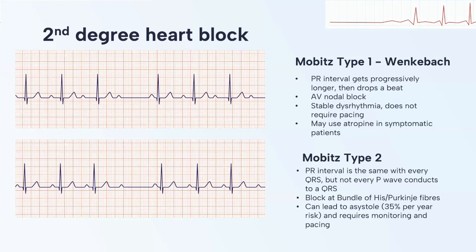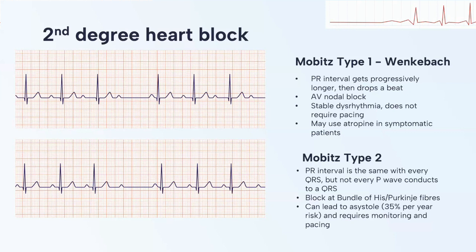What that causes is an unpredictable and random pattern where P waves do not conduct to QRS complexes. Because there's structural damage to these fibers, it generally occurs due to infarction, fibrosis, or necrosis of those fibers.